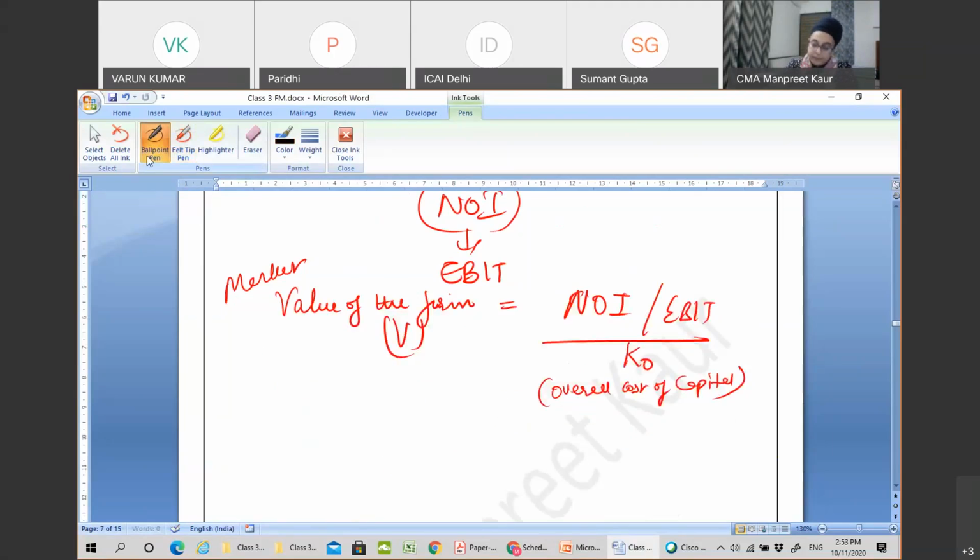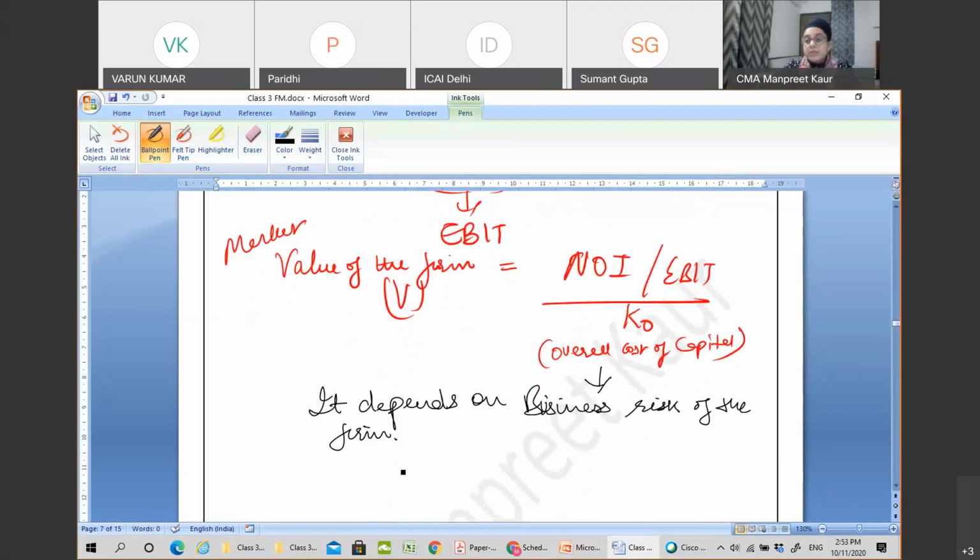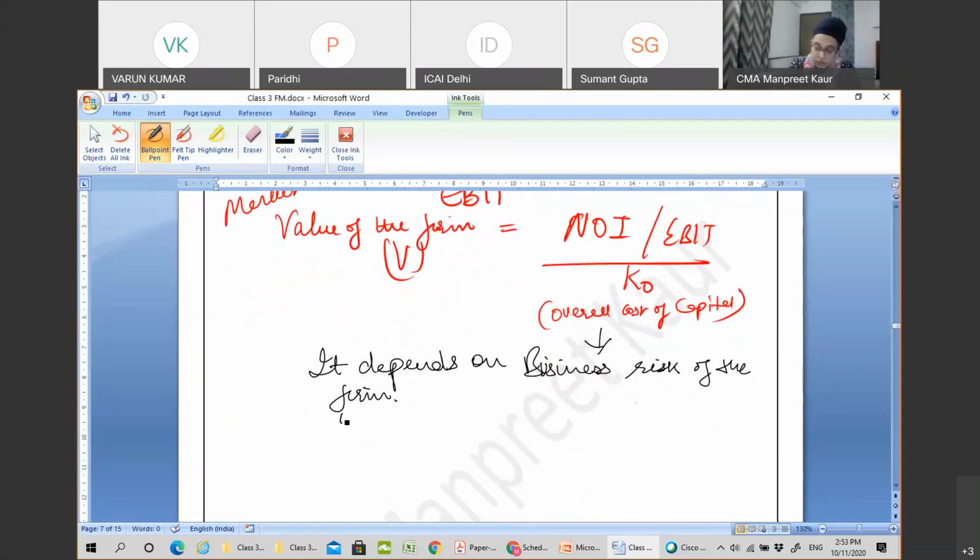We can say it depends upon the business risk of the firm. It is not affected by the financing mix.